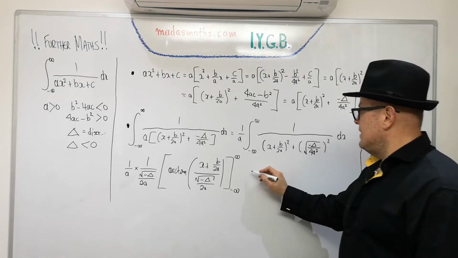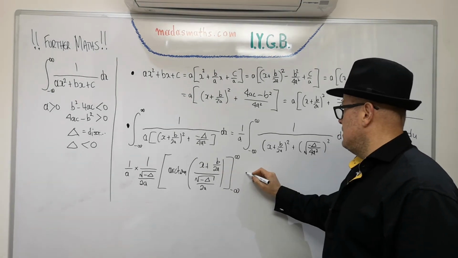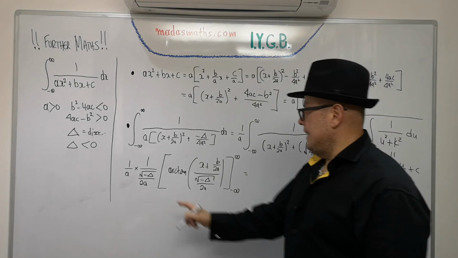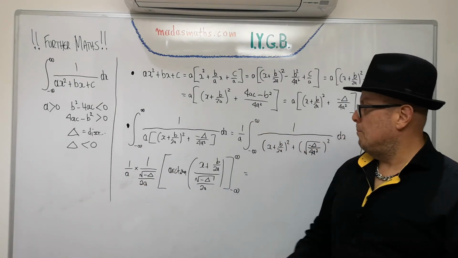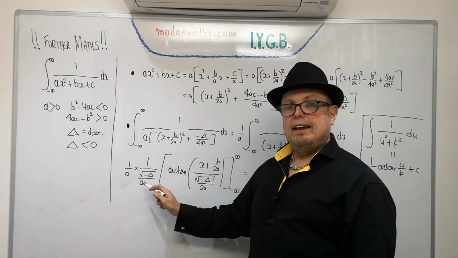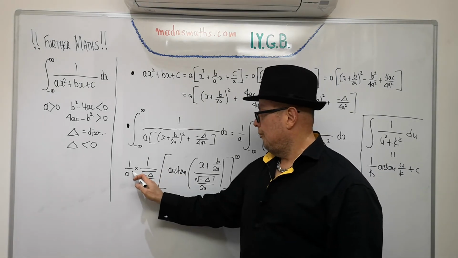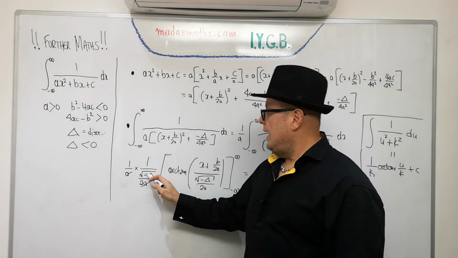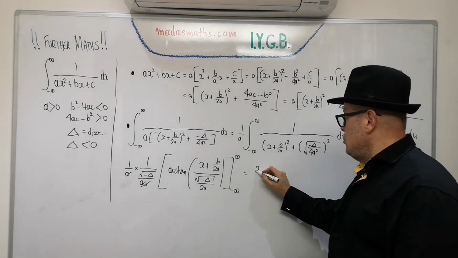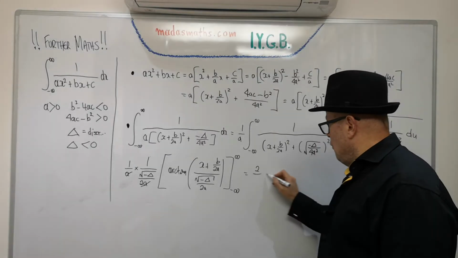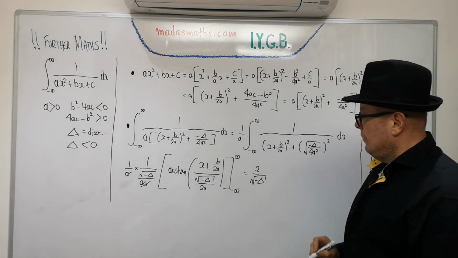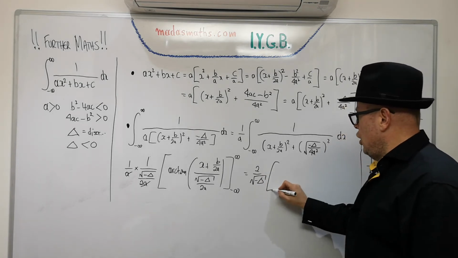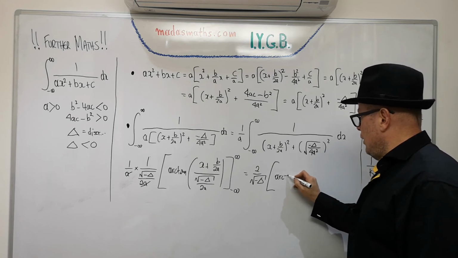Let me just do a tidy, it's not really necessary, but if you look at this particular term, multiply tops, multiply bottoms, the a and the a here will cancel, and we got 1 over a half, so it's going to give us a 2 at the top, over the square root of the negative of the discriminant, and the arctan.